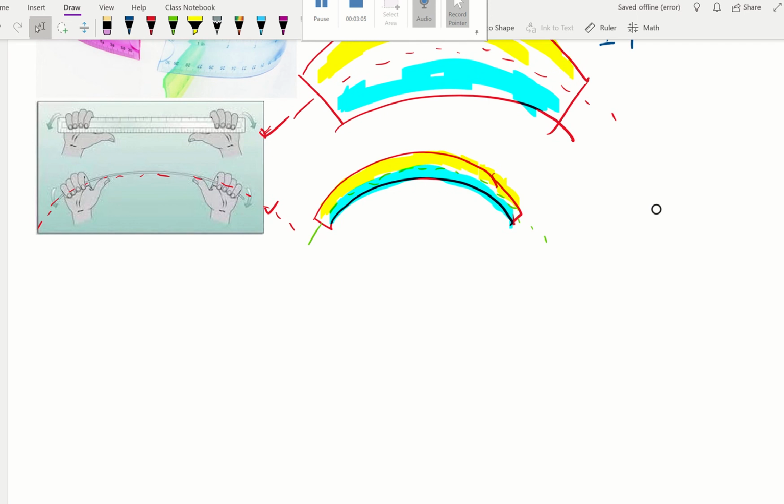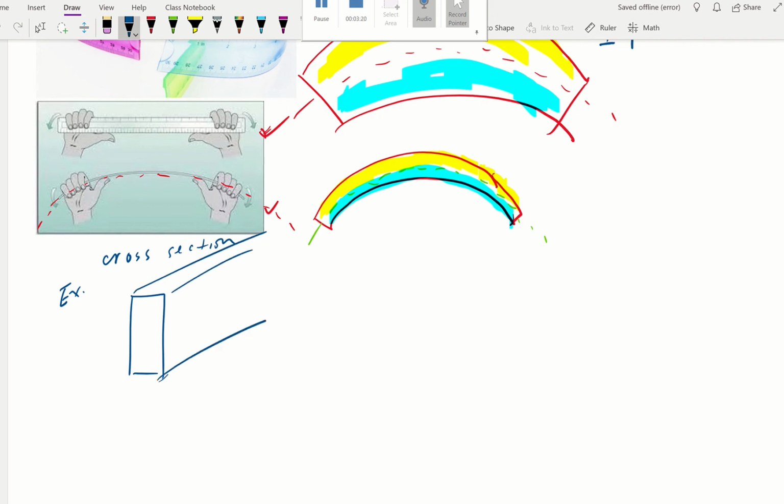Now let's look at another example. Say we have this cross section, which is going to be this rectangle, okay?